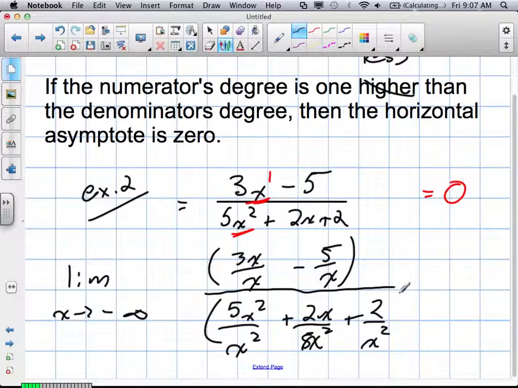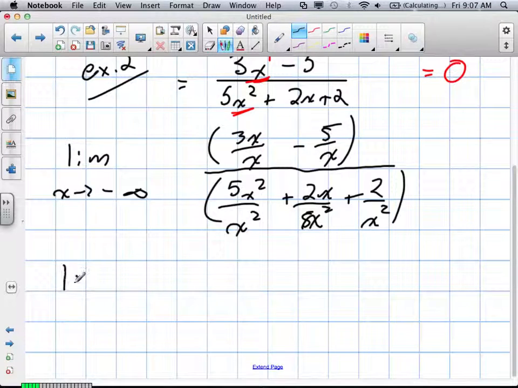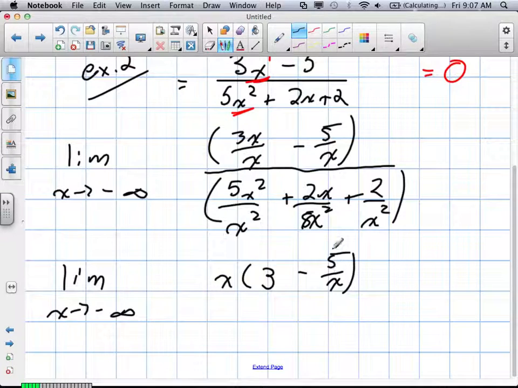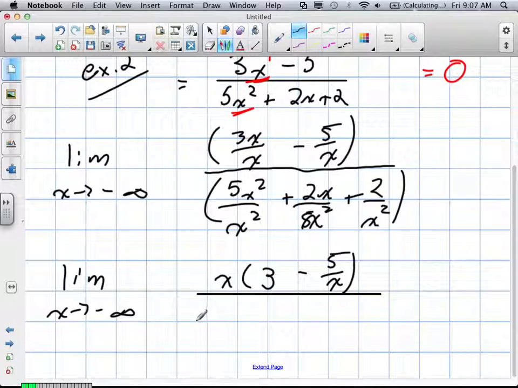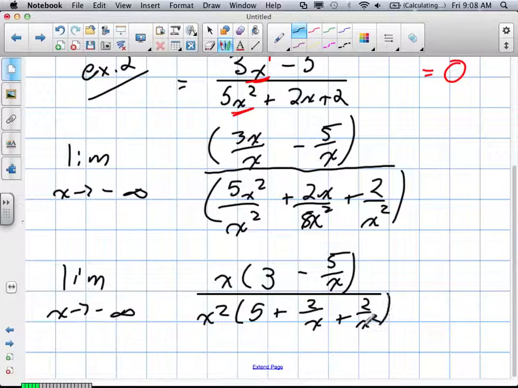Okay. When we take out our common term, limit as x tends to negative infinity, we're left with x outside, and we're left with 3 minus 5 divided by x. And we're left with x squared, 5 plus 2 divided by x plus 2 divided by x squared.